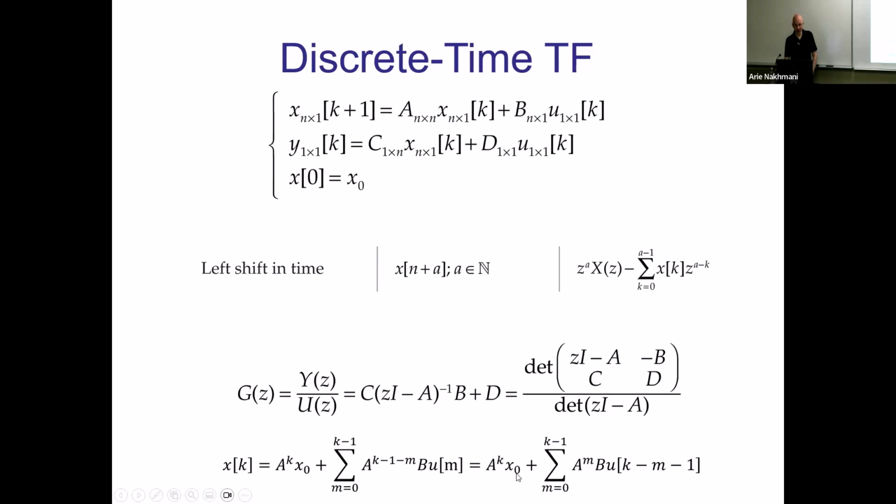A to the power of k times X0 is a vector, right? An n by n matrix times a vector will be the size of that vector, another vector but of the same size. Same thing here: A to any power times B and times scalar U will be a vector of the same size as vector B, which is n by 1, right?